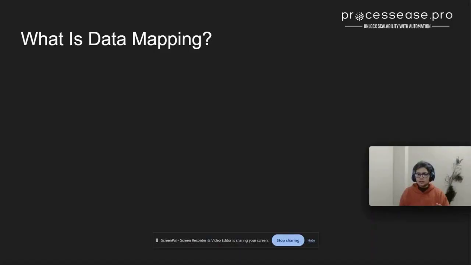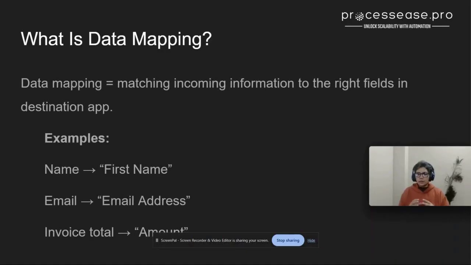Now the next is, okay, so what did we cover already? We covered triggers, we covered actions, and we covered connections, right? Now the fourth item is data mapping. So data mapping is mapping your inputs to the output app or the destination app, and making sure that you map the data in the correct fields, right? So, for example, first name goes into first name field, last name goes into last name field, email goes into email field.